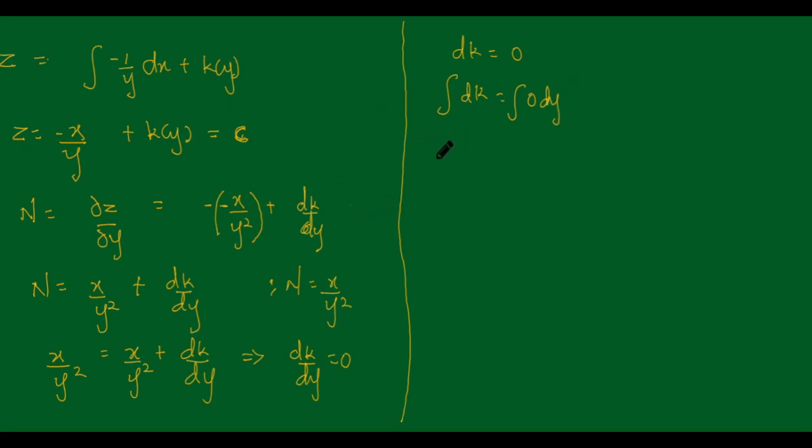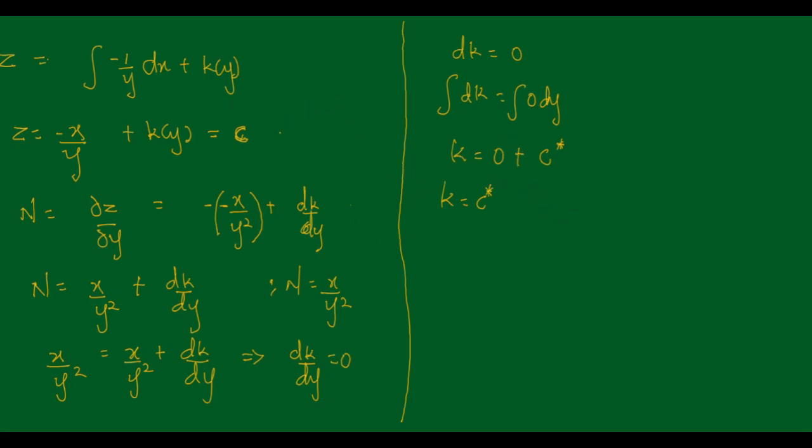So our k now becomes 0 plus another constant, c star. So k is equal to c asterisk.